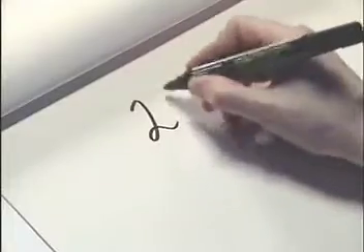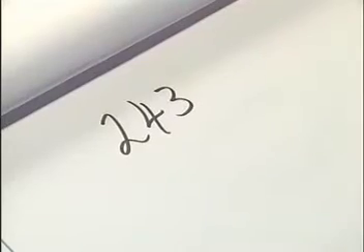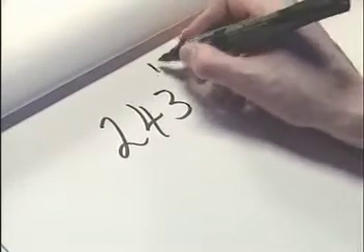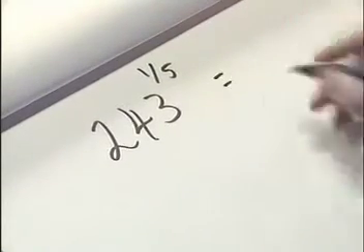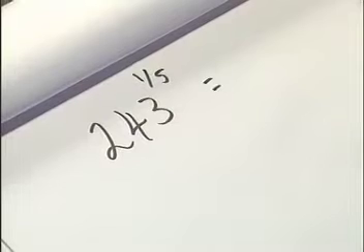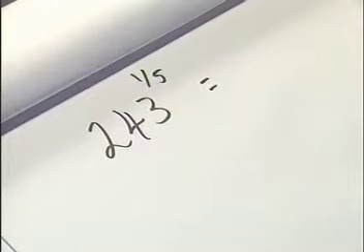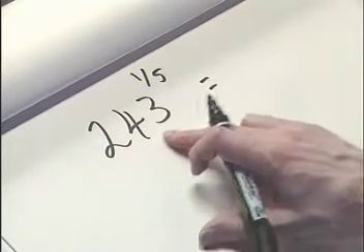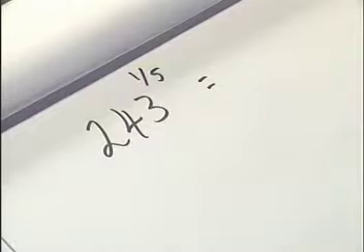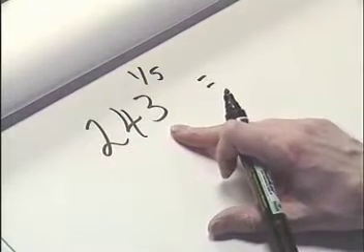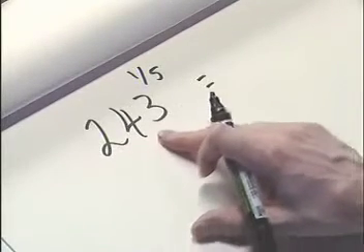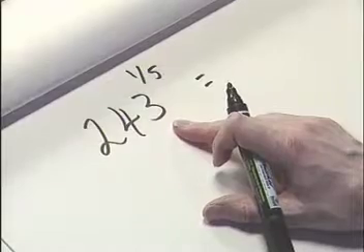What about 243? And we'll make that to the 5th. What number, when multiplied by itself 5 times, will give us 243? Well, as we look at this, we can see it divides by 3, and 3's into that give us 81.